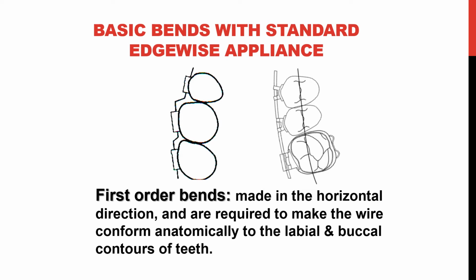The first order bends are made in the horizontal direction. They are required to make the wire conform anatomically to the labial and buccal contour of teeth. What Andrews did is that he changed the thickness of the bracket base. So for each bracket, there was a different thickness. And this would change the in-out position of the tooth.